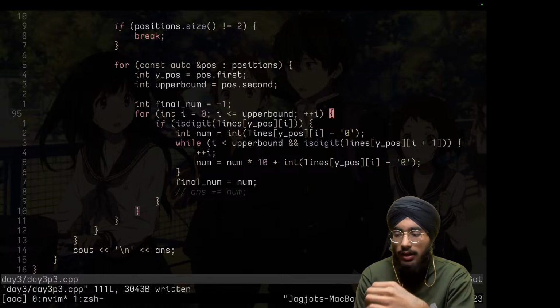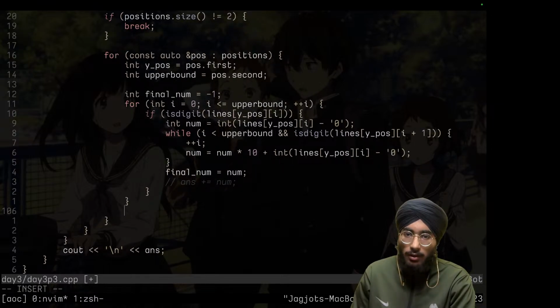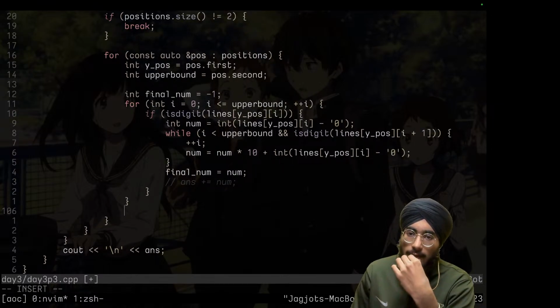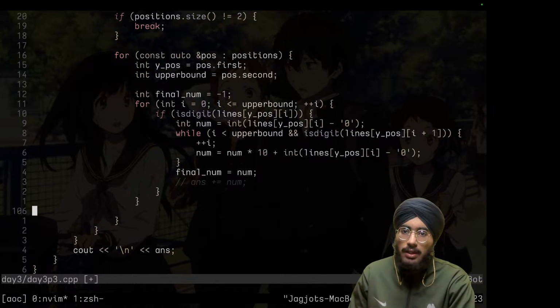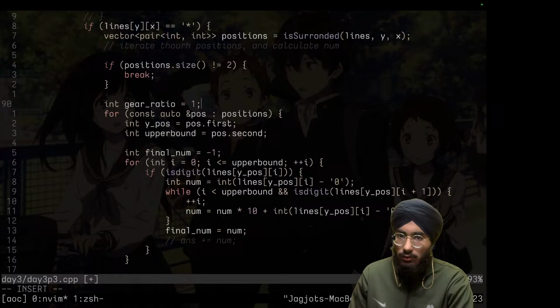Now that we have the final num, after all that for loop, what we can do is make gear ratio equals to 1. Int gear ratio equals to 1.